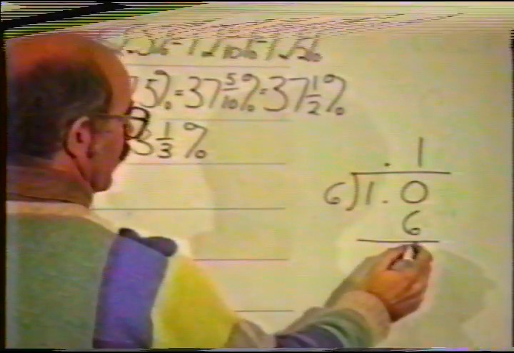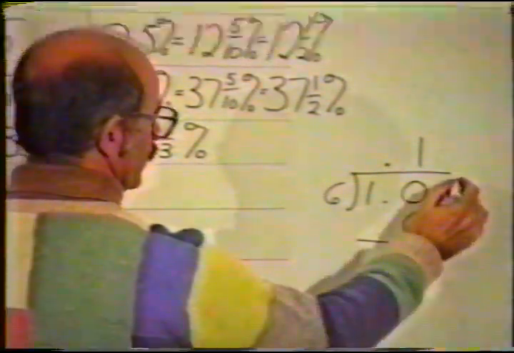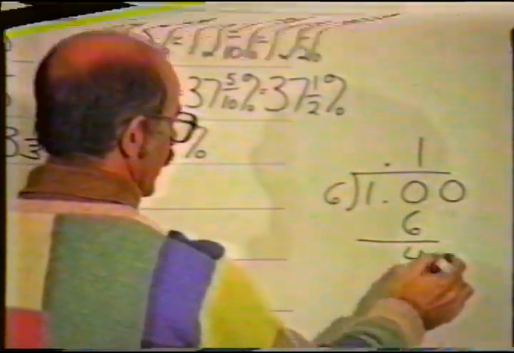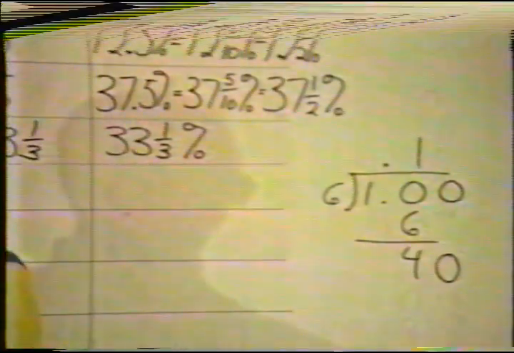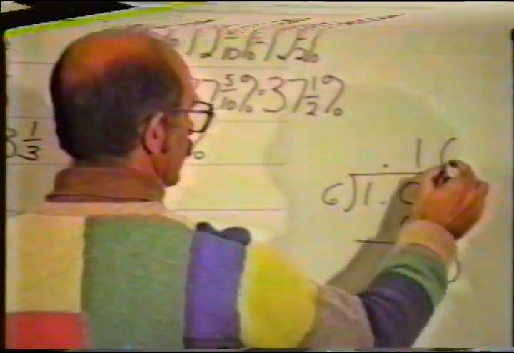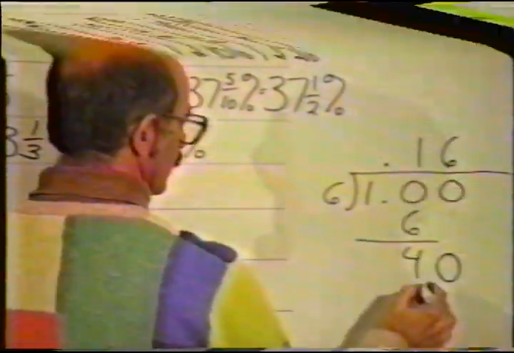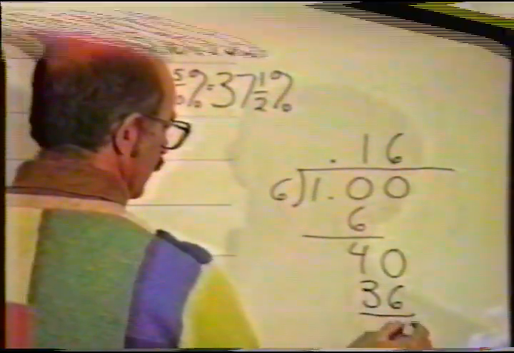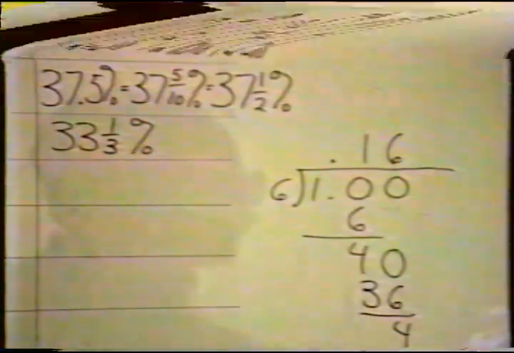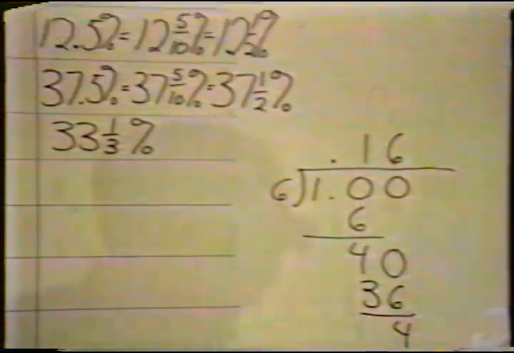Subtract, get 4. Add a 0 and bring it down. How many 6s in 40? 6. 6 times 6, 36. Subtract, get 4. Now you can probably see that it's going to repeat.